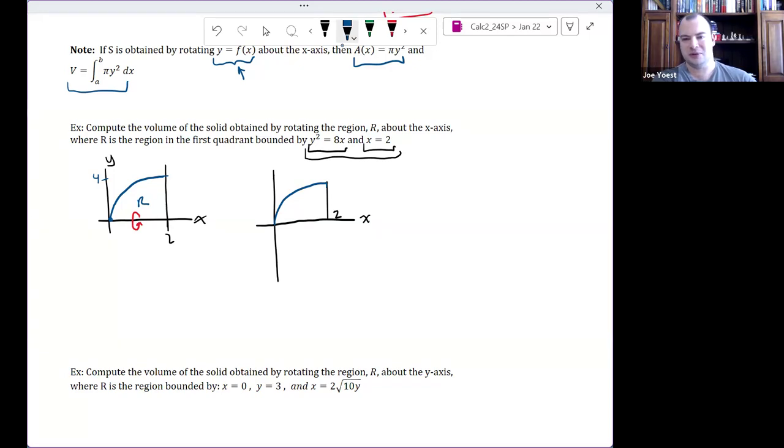So when I rotate this around, it's going to mirror over to something like this on the other side. Oh, let me redo those curves. Yeah.